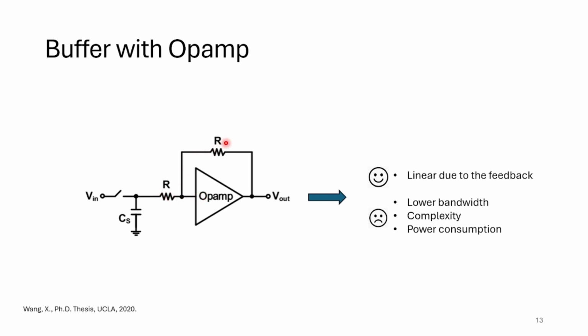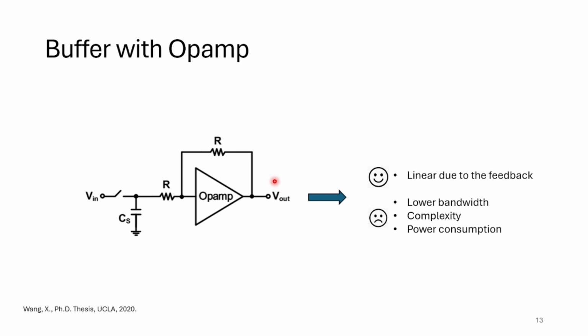The gain will be defined by a ratio of these resistors. Remember that the ratio of resistors in today's technology is very robust, and it wouldn't change with variation in temperature and process.